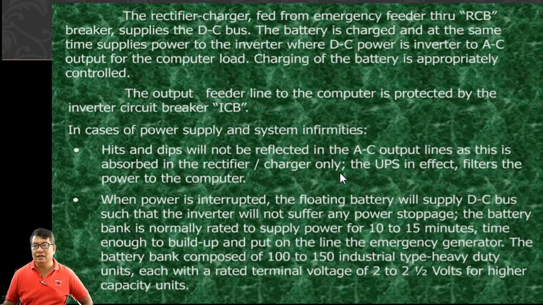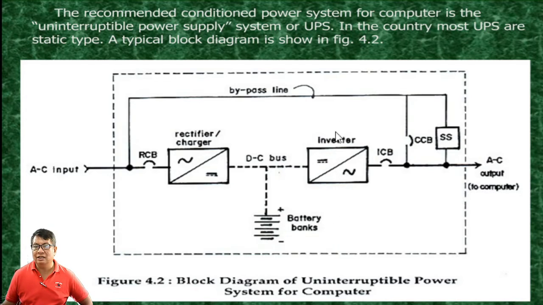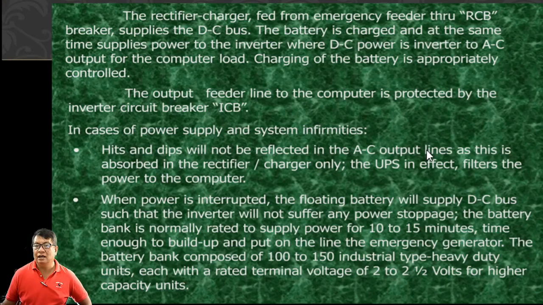Okay, so in other words, even if we have dips or low voltages, a drop in voltage, our computer will not experience it because it passes through the inverter. So, even if we have low voltages here, the inverter will take care of supplying the regular or equivalent voltage. So, when power is interrupted, the floating battery will supply the DC bus, such that the inverter will not suffer any power stoppage.